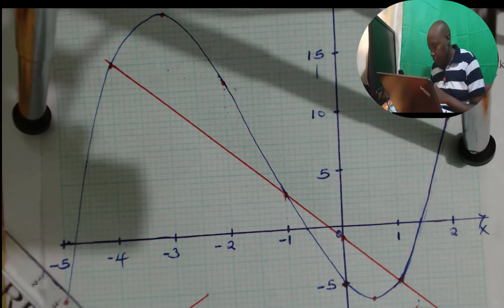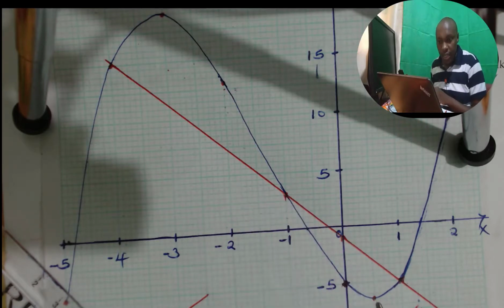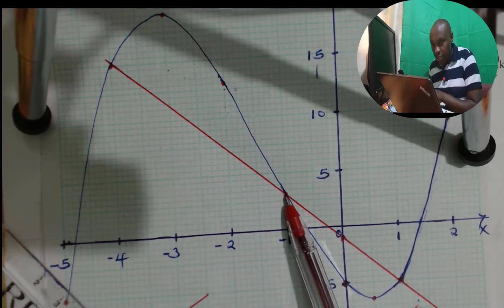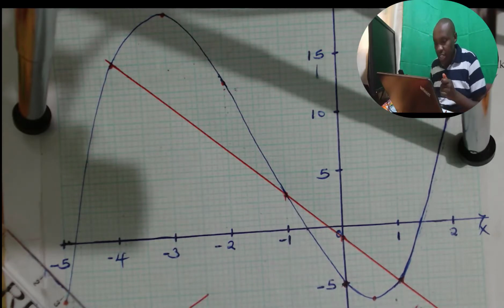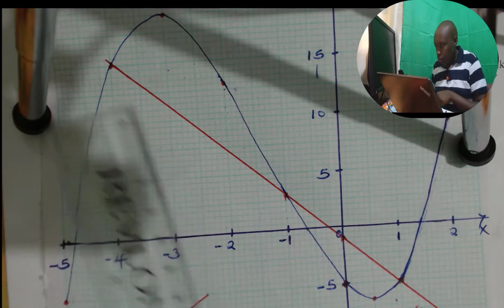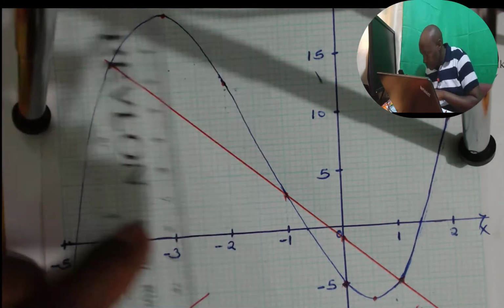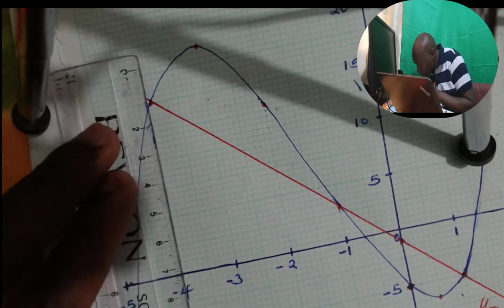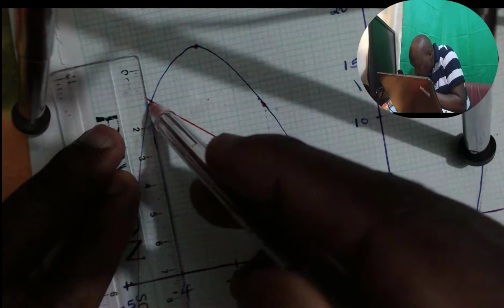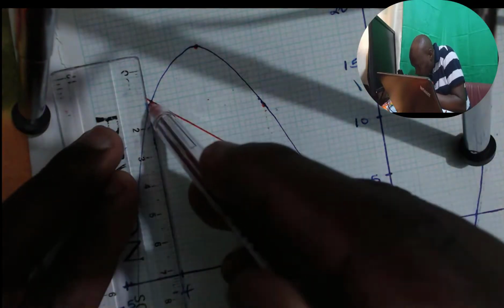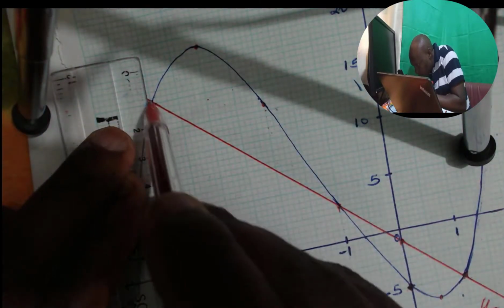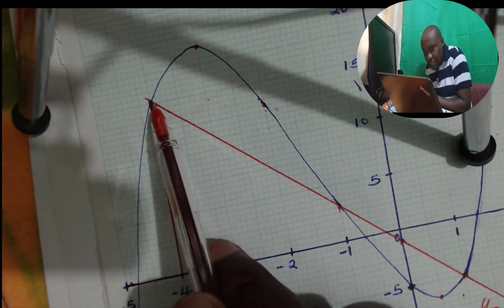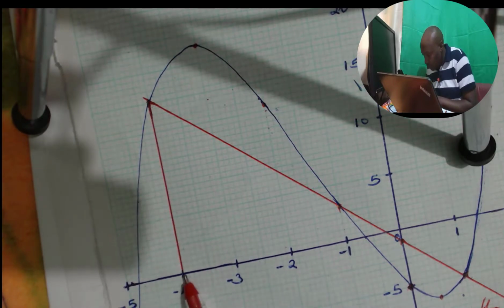And when you look at the graph, the line and the curve intersect at 3 points. So that is the first point of intersection, the second point, the third point. So we read the x coordinate at those points. We can start with this one. From this point, we draw a straight line to read the x coordinate of that point of intersection.